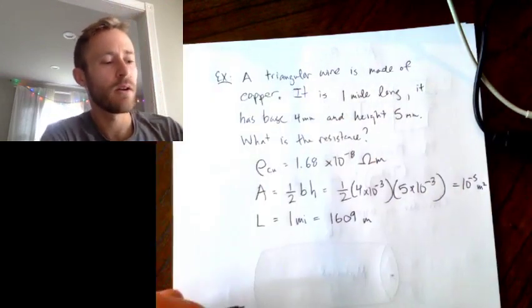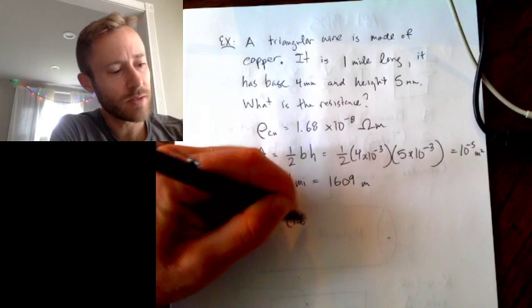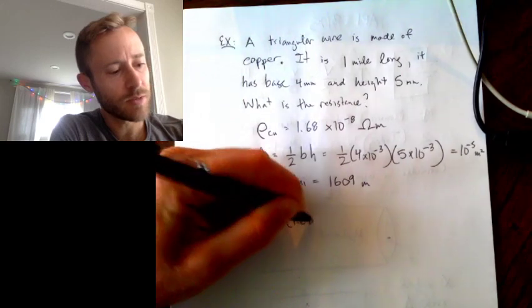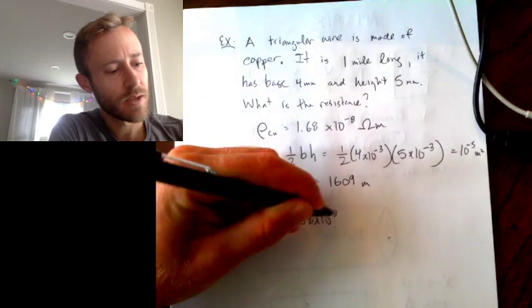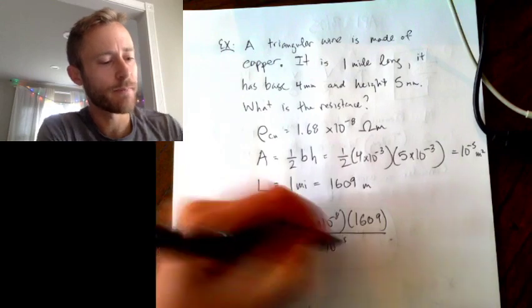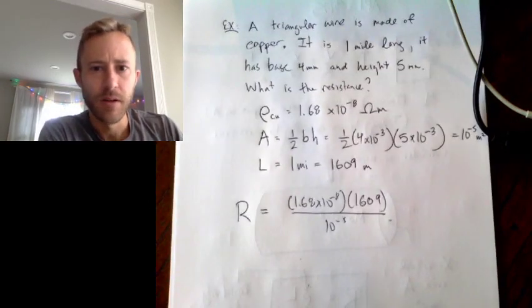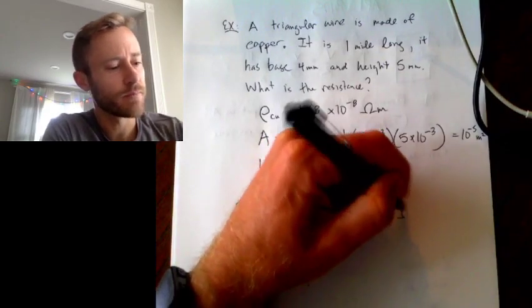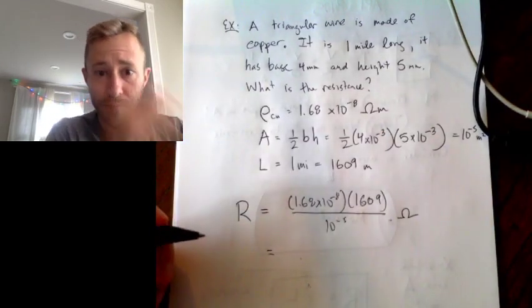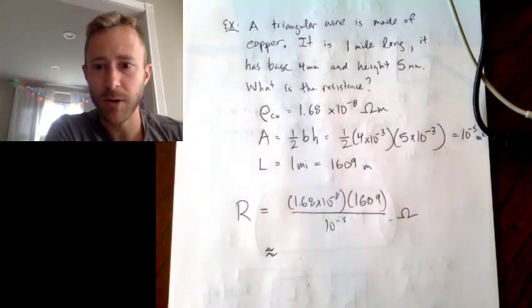Okay, so then we go down here and we calculate the resistance. It's rho, 1.68 times 10 to the minus 8, times L, 1,609, over A, 10 to the minus 5. So that many ohms. I'm just gonna ballpark it here, just approximate it. Okay.